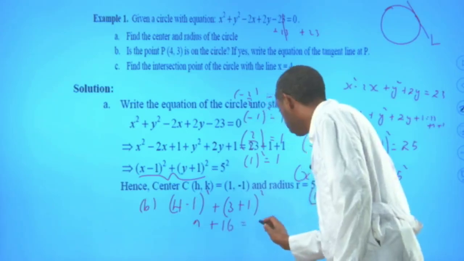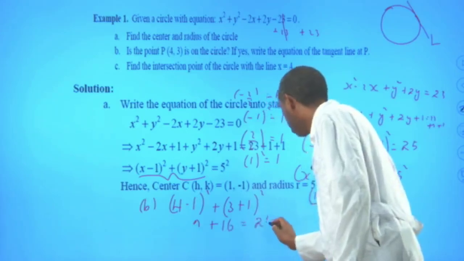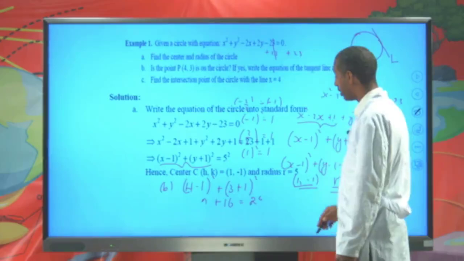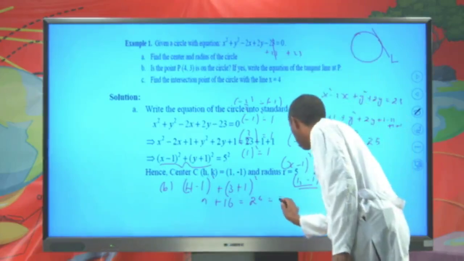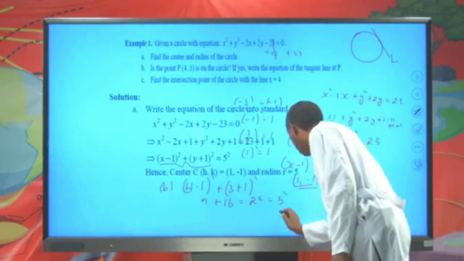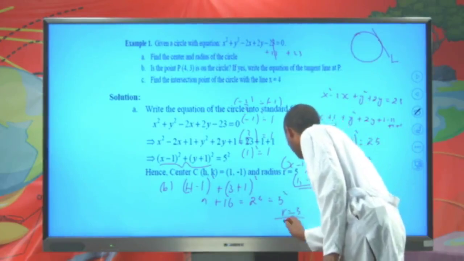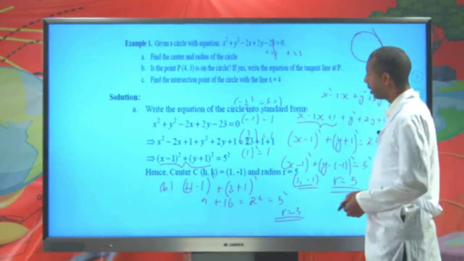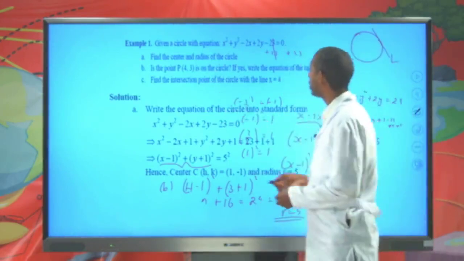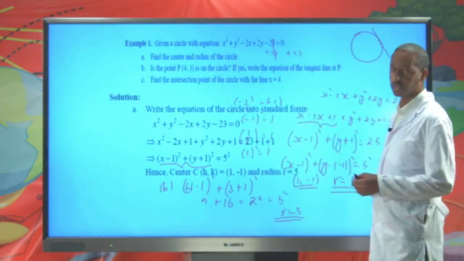Adding them gives 25, which is the same as 5 squared, and 5 is the radius, r equals 5. That implies the point (4, 3) is on the circle.